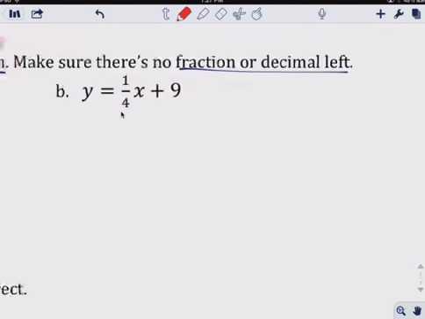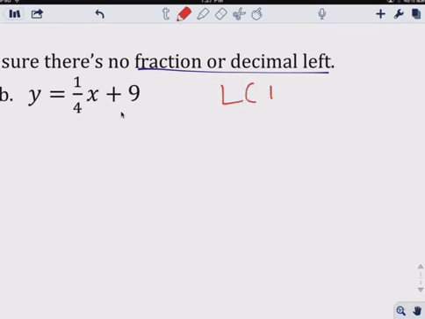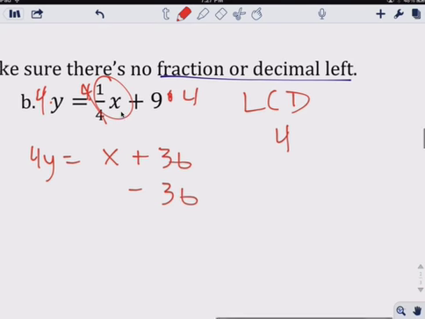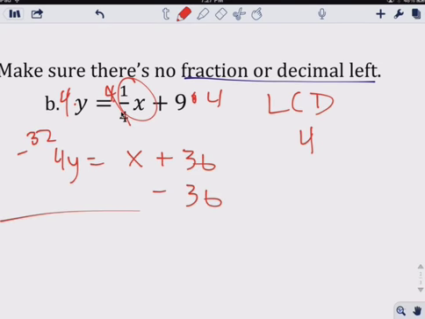Alright, b. Least common denominator is 4. Multiply by 4, multiply by 4, multiply by 4. Got 4y equals x plus 36. 1x is the same thing as x. Minus 36, minus 36. You get a negative. Oh, what did I write? 36.